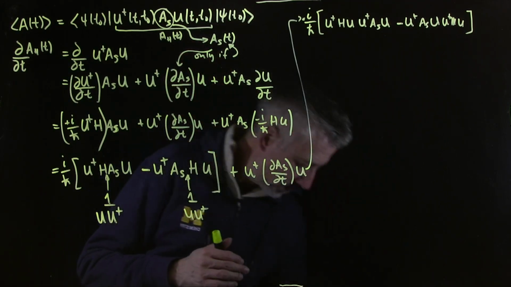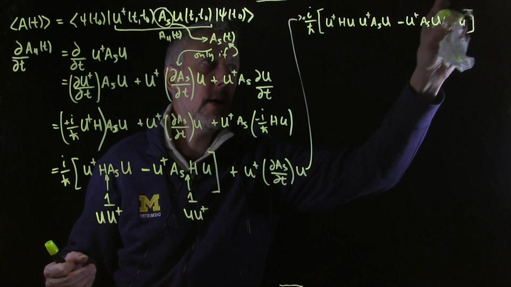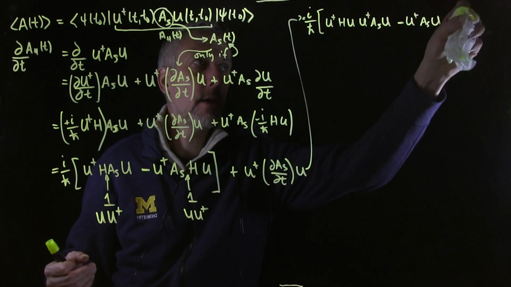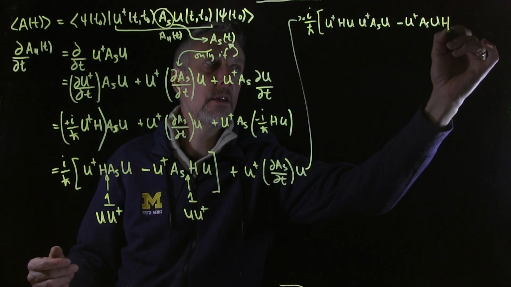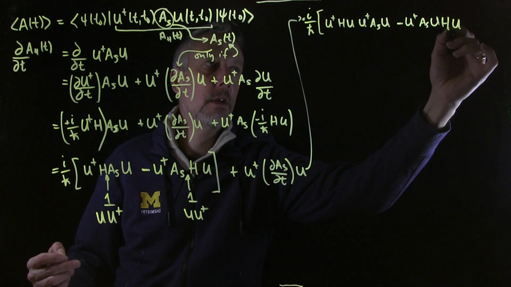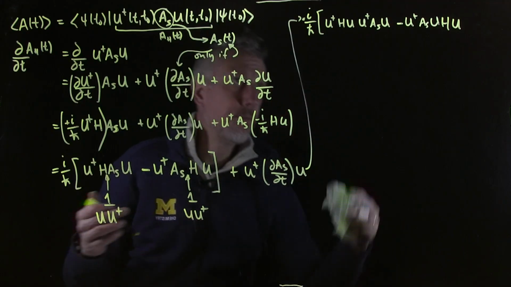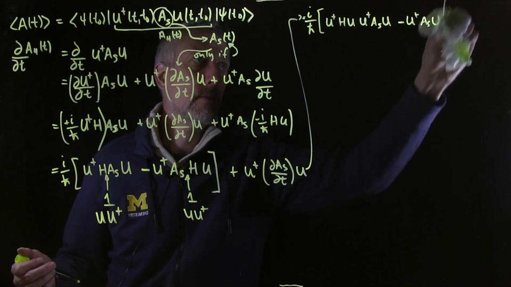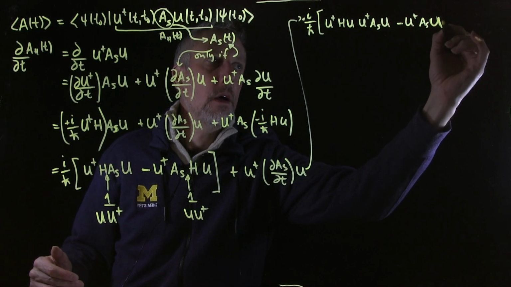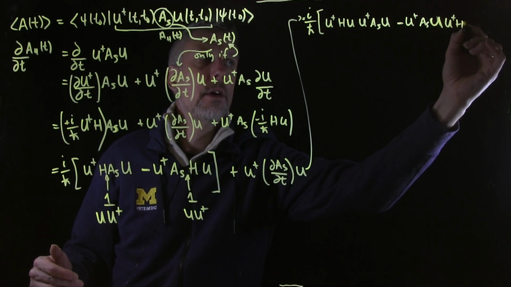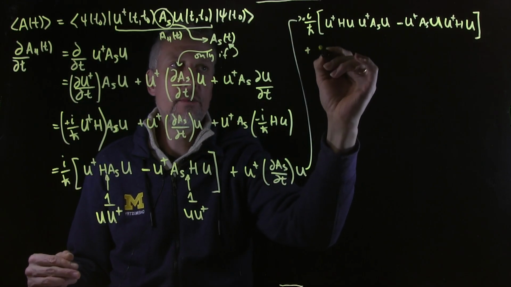Wow, that's a terrible h, isn't it? This is part of the reason why I like to say what I'm writing out loud, because even if I make a mistake, or if you can't read what I'm writing, at least you hear it. So that's u dagger u. Of course, I need the other u. Okay. u dagger H u. Good. Plus the term we can't do anything with.